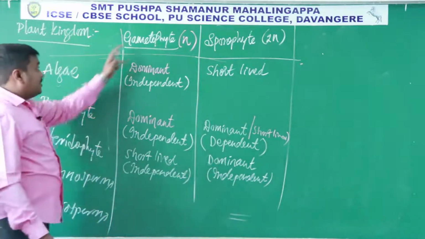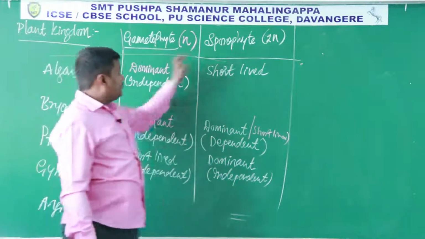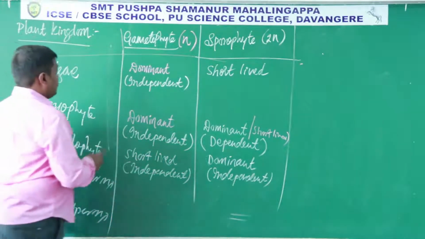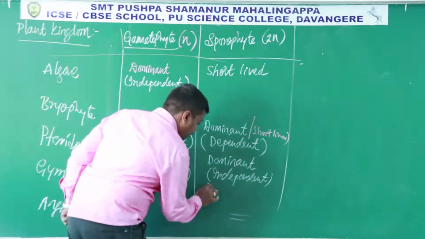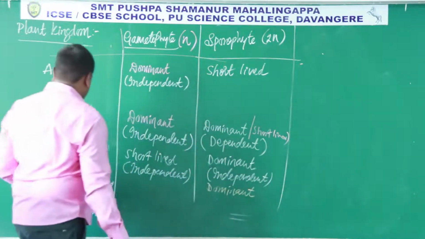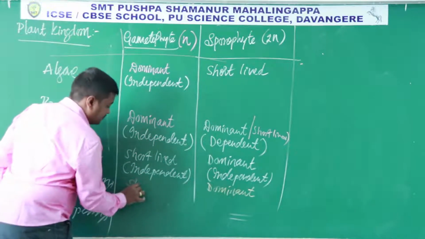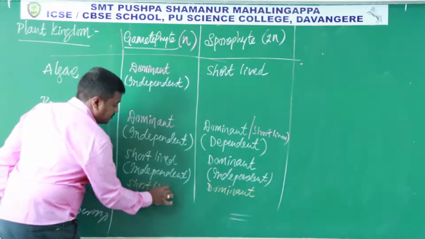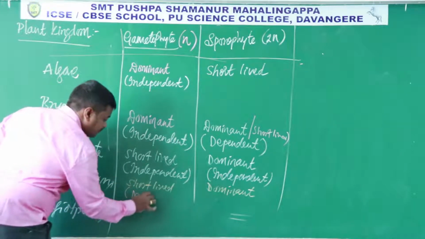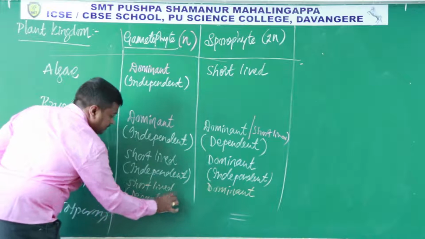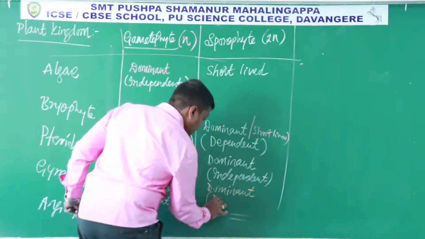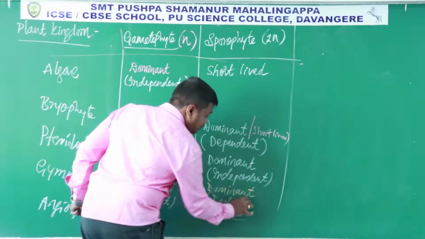In pteridophyte, gametophyte is independent and sporophyte is also independent. In gymnosperm, sporophyte is dominant and gametophyte is short-lived and dependent, and the sporophyte is independent.